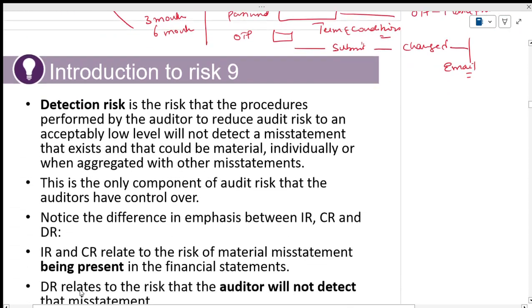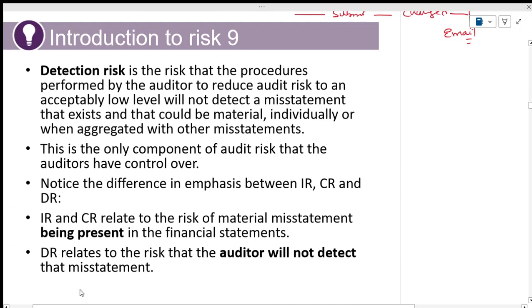Okay. Now, detection risk. It is the risk that the procedures performed by the auditor to reduce audit risk to an acceptable low level will not detect a misstatement. It cannot be detected. Is it right?